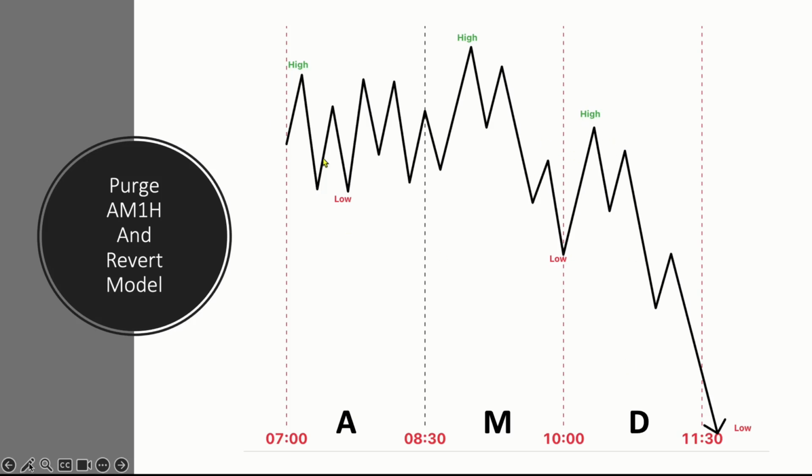What is occurring right here inside of this consolidation? Inside of this consolidation, orders are being accumulated. That means that smart money that have very deep pockets, that have a lot of money, they accumulate shorts here.